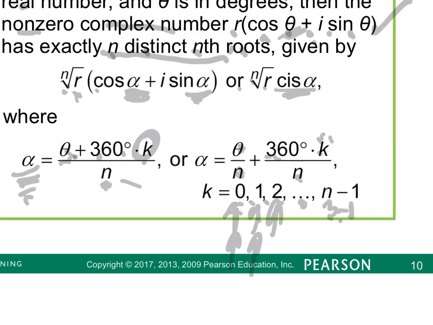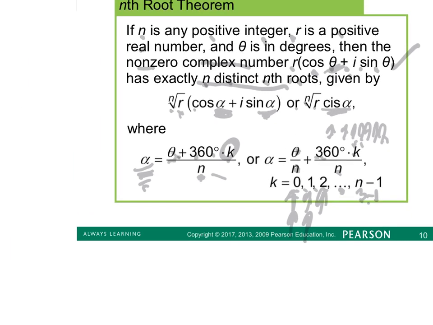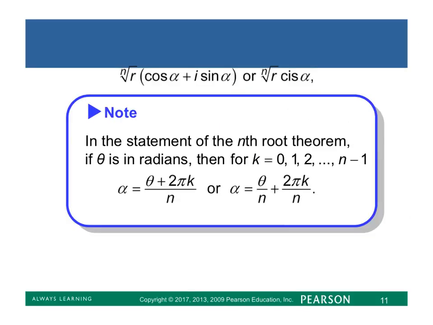Eighth root, k is 0, 1, 2, 3, 4, 5, 6, 7, all the way to 7. This gets confusing. I'll refer back to this chart again. So a reminder of what we just had, this formula that he just gave us. Note, in the statement of the nth root theorem, if theta is in radians, you'd use 2 pi instead of 360. Fine.